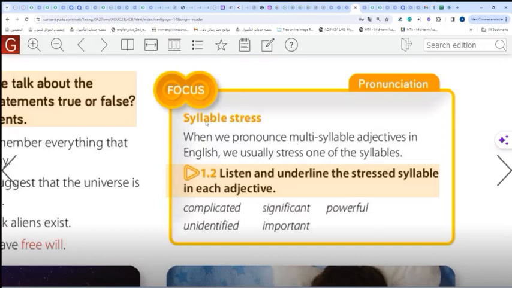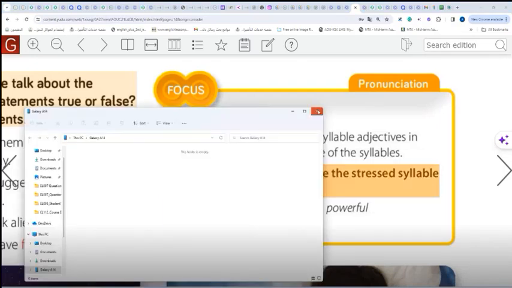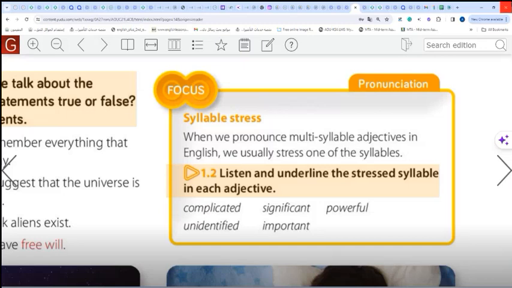So one word could have more than one syllable. A word could have one or more syllables.